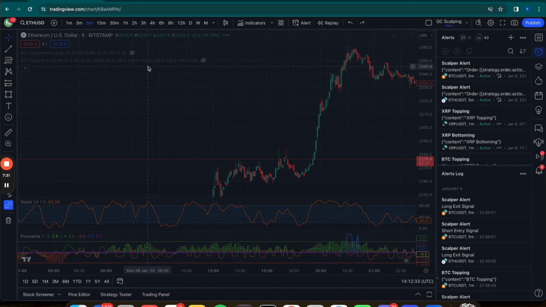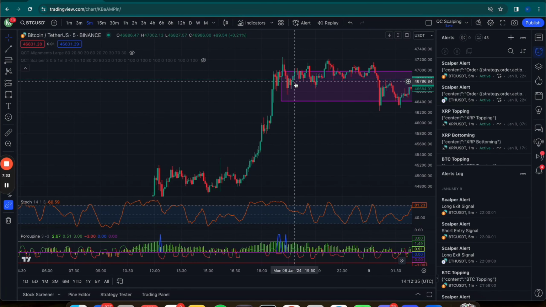So by the time the stochastic bottoms back down, we can say, okay, we topped out, and now the stochastic moved back down into oversold, which means that we have established a new range. Because that move already happened, and now we've retracted down, and now our next trade is a long.